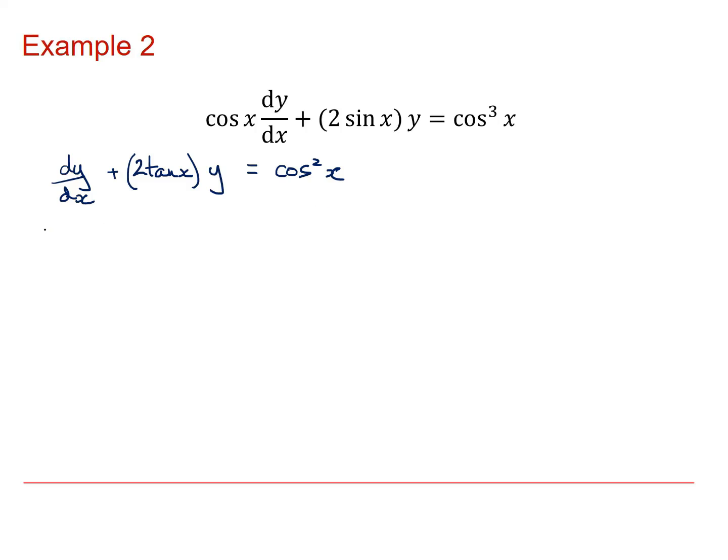Now my integrating factor is going to be e to the integral p dx, remembering that this bit is p and this bit is q. So that's going to be e to the integral 2 tan x dx, and that gives me e to the 2 log sec x.